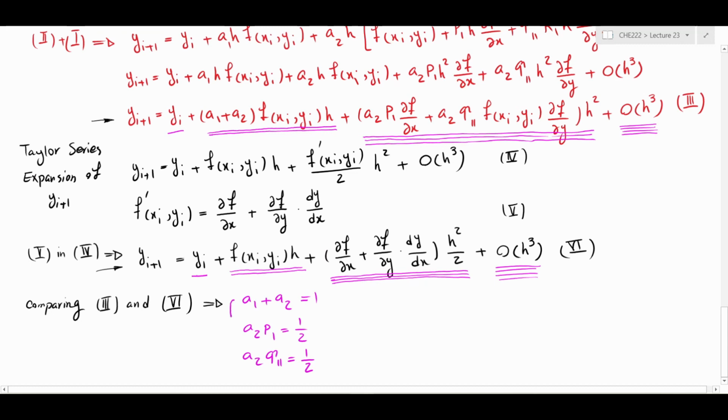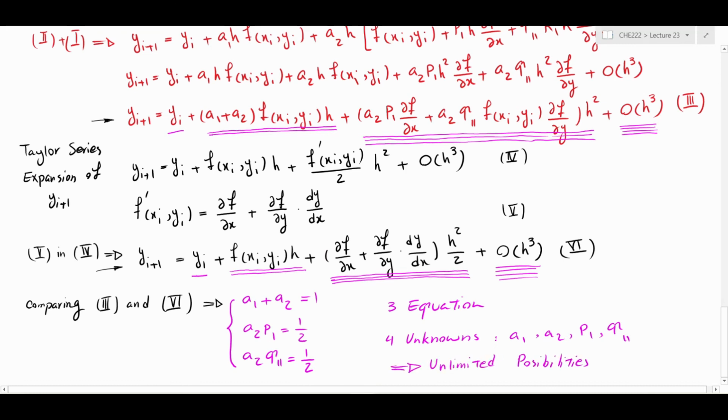So this set of equations, if you look at it, we have 3 equations and 4 unknowns, which are a1, a2, p1 and q11. So consequently, we will have unlimited possibilities for the solution of this system of equations.